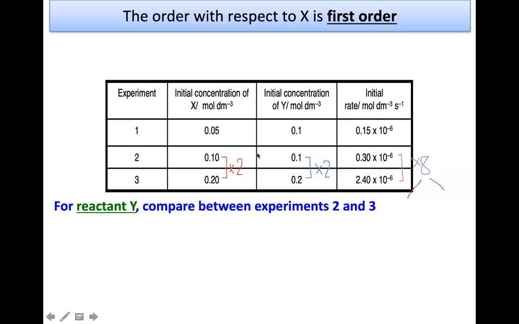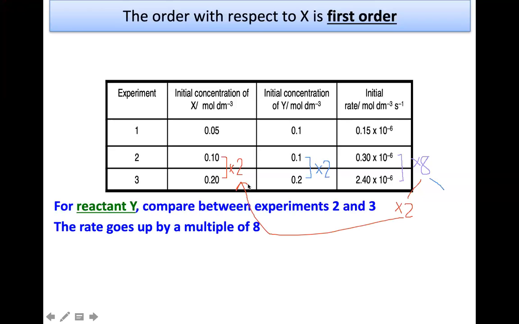So you saw that the concentration of X increases by 2, therefore the rate must also increase by 2. Okay, so let's see. This times 2 is the effect that comes from X, right?